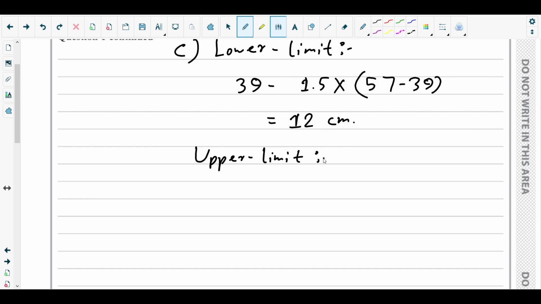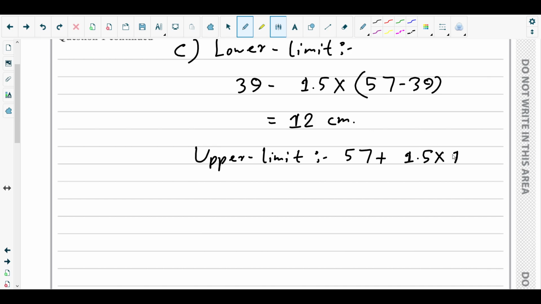Okay, and then consider the upper limit. The upper limit would be Q3 plus 1.5 times Q3 minus Q1. Q3 is 57. So 57 plus 1.5 times how much? 57 minus 39 is basically 18.